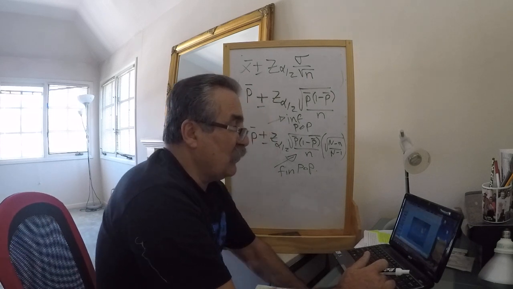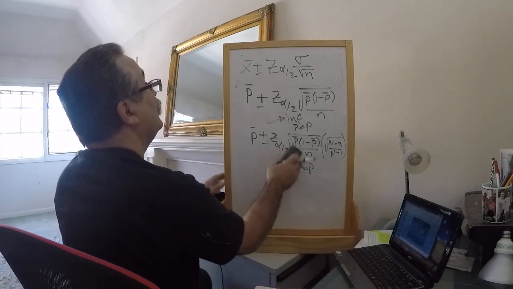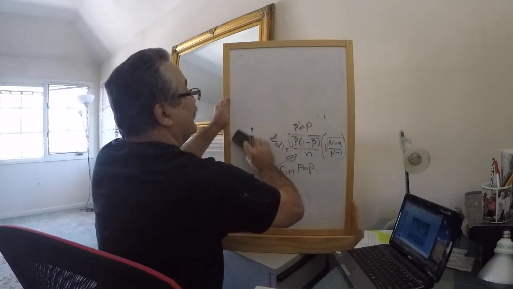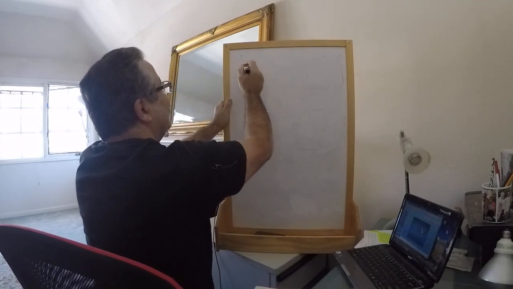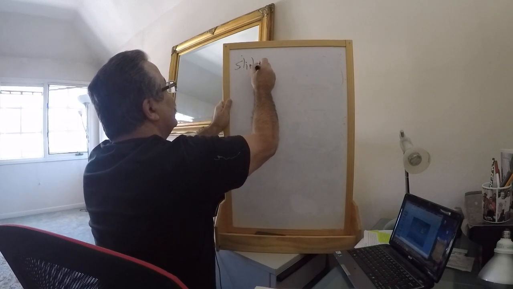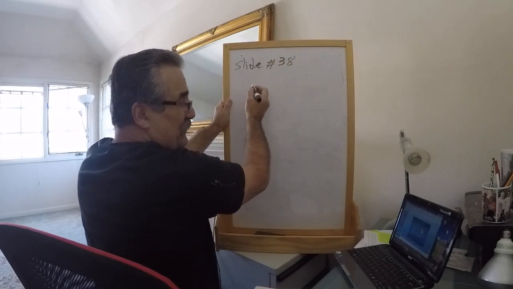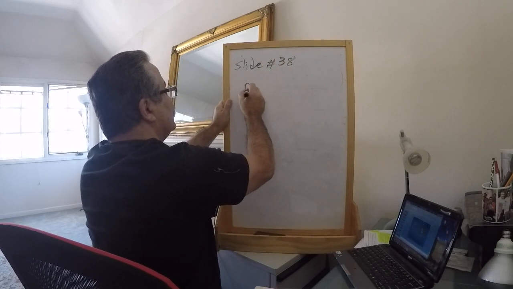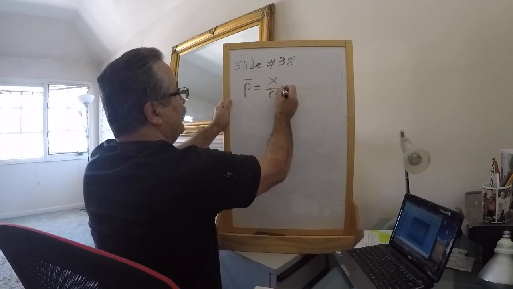So without going any further, right in here, this is slide number 38 on the old PowerPoint. So sample proportion is equal to x divided by n.